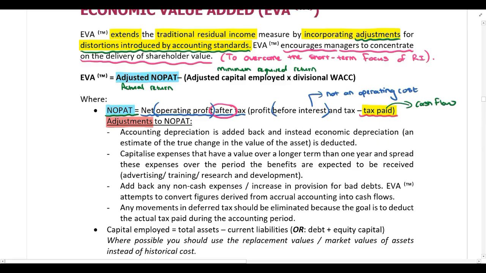However, when calculating EVA, we are going to add back the accounting depreciation, and instead we are going to deduct economic depreciation. And economic depreciation is an estimate of the true change in the value of the asset. So we are trying to overcome this distortion that is introduced by accounting standards.